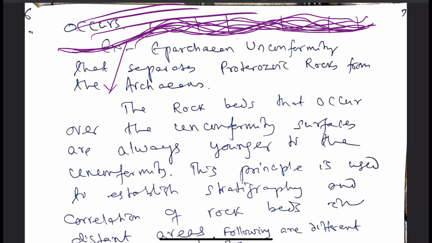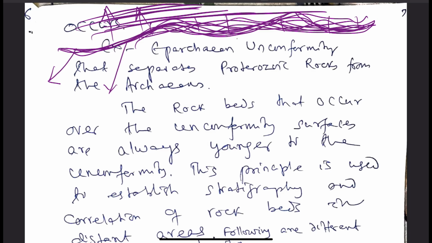So this surface represents a particular time during which the earth surface was facing erosion and no deposition. Subsequently, the area faces subsidence, so that the site becomes congenial for deposition and new rock layers develop over it. Thus, the rock types which are deposited over the unconformable surface are always younger than this surface.